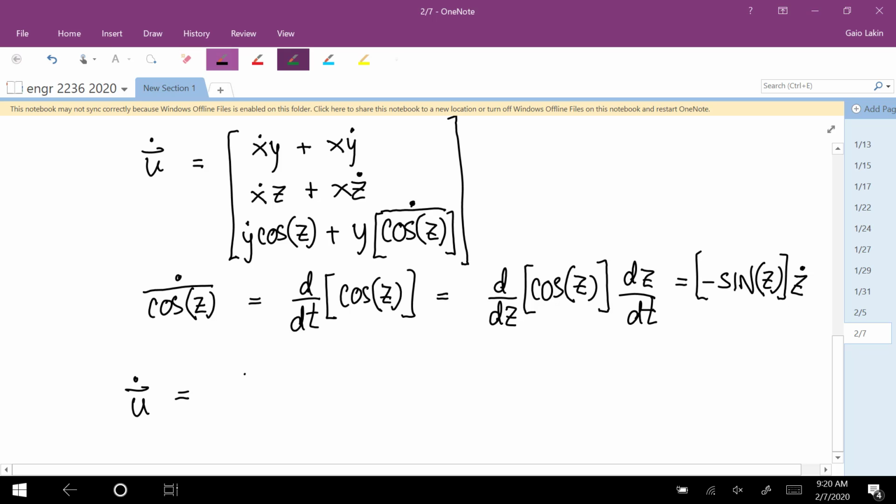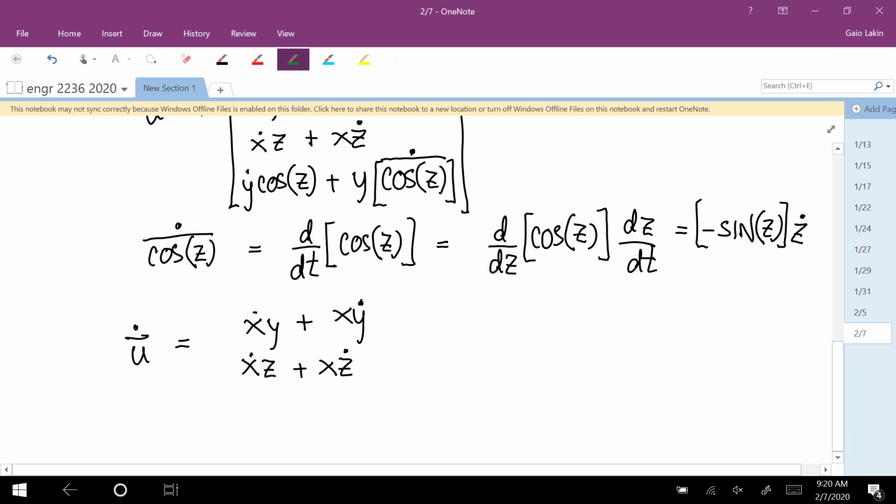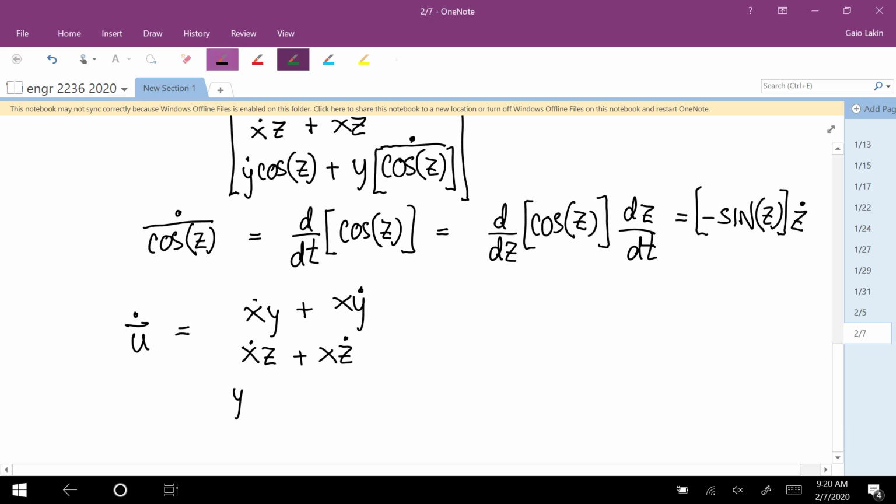u dot is equal to x dot y plus x y dot. For the y component, x dot z plus x z dot. And then for the z component, y dot cosine of z minus y z dot sine of z.